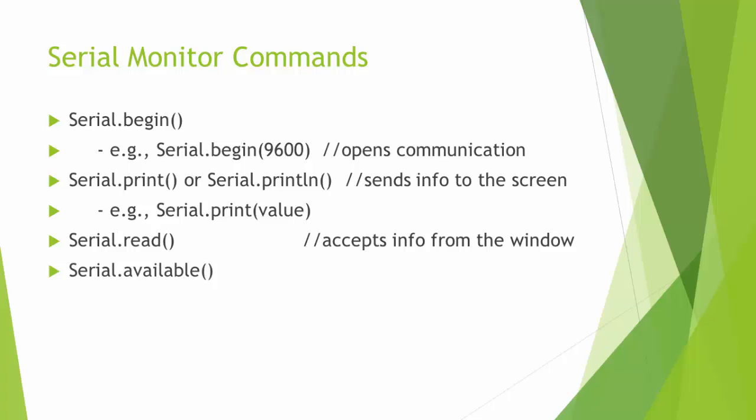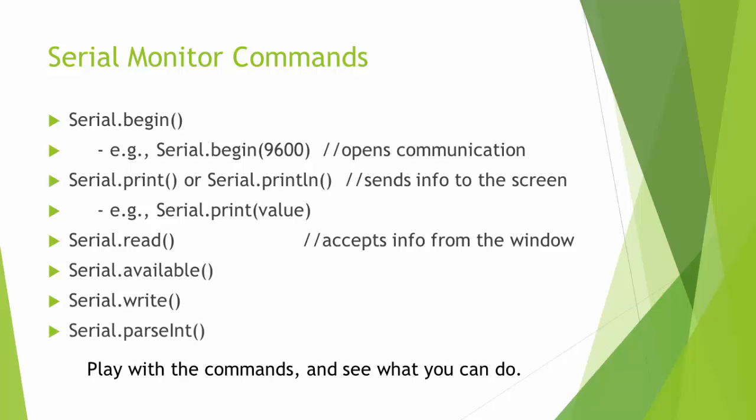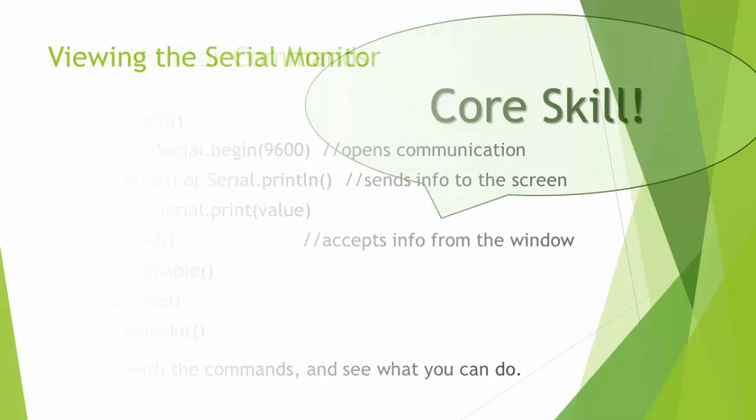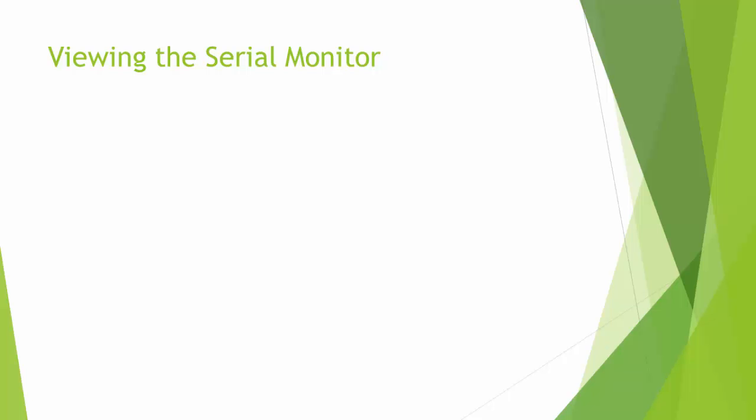Serial.read is accepting information that a user might type into the serial monitor using their keyboard. Serial.available is just a simple indicator that there's information available. There are other commands we'll talk about, but these are absolutely critical to our success in learning to be a programmer with Arduino.